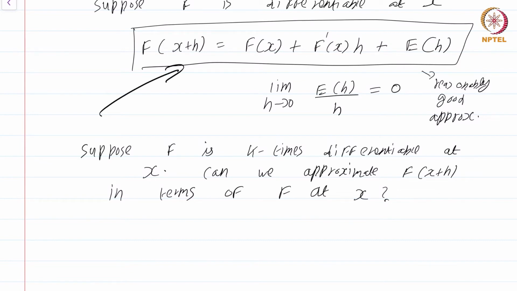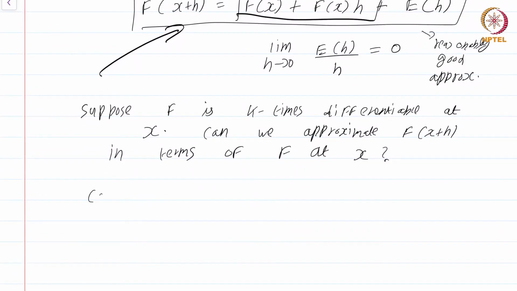Now what will be our guess? We have approximated f of x plus h using something that is linear. So the natural thing to do would be to try to approximate f of x plus h using a polynomial. Let's try to do that. Can we approximate f of x plus h using a polynomial? Now what polynomial would you choose?